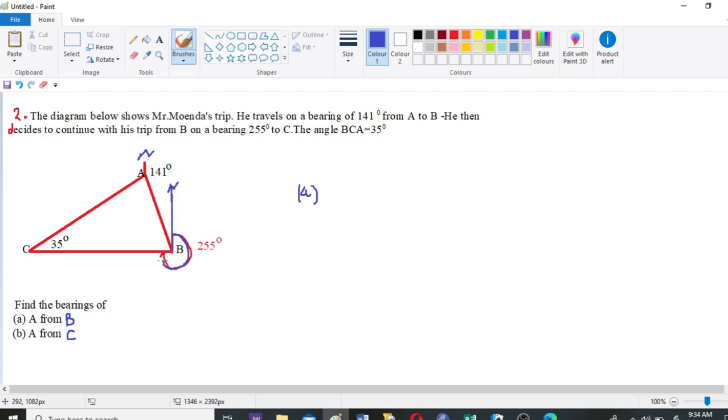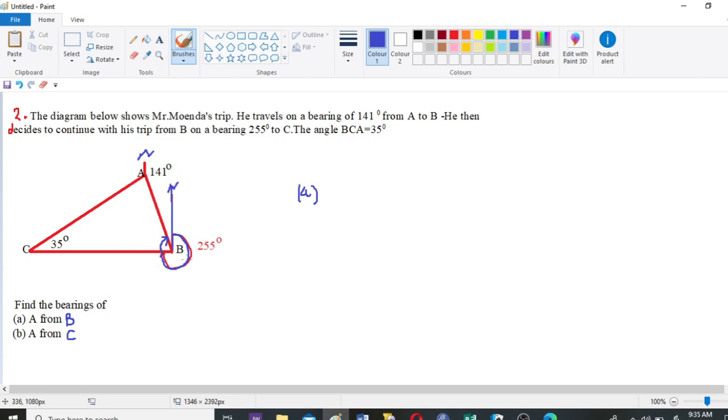It will not end upon hitting this line CB, because we need to look for a line which is extending between A and B. The bearing we want is the bearing of A from B, so we are moving from B to A. So we need to find the line which is stretching from B to A. So this is the line.